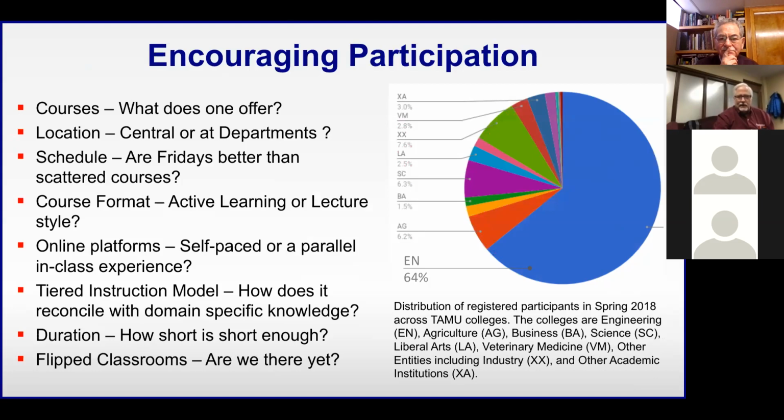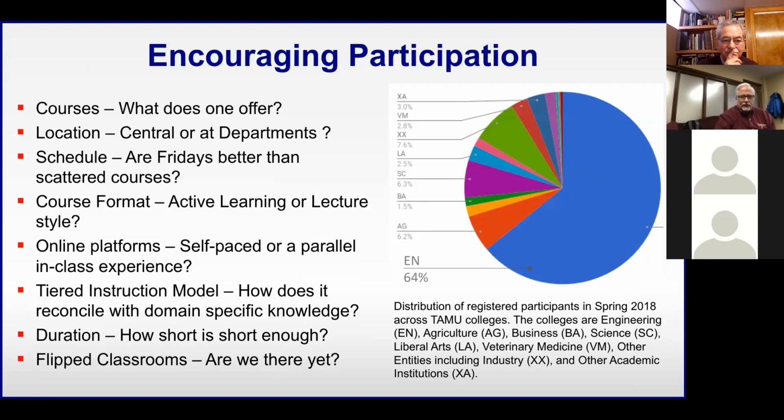There's a big section labeled other academic institutions or other entities, and these are things that we either identified as being outside the university or perhaps were not properly assigned to a category.